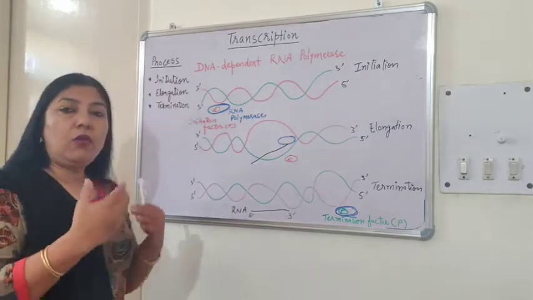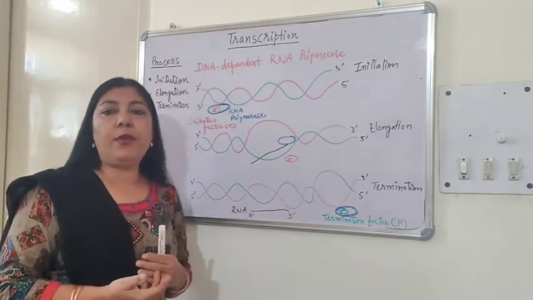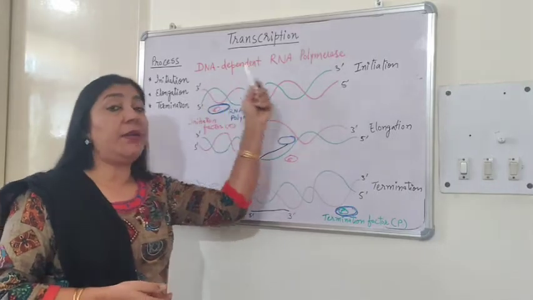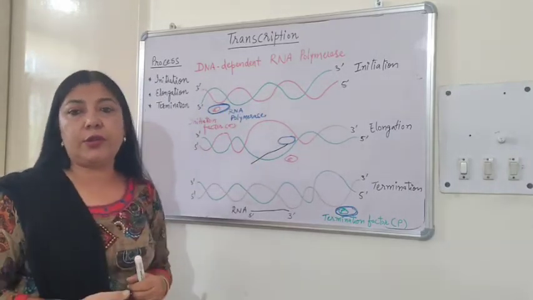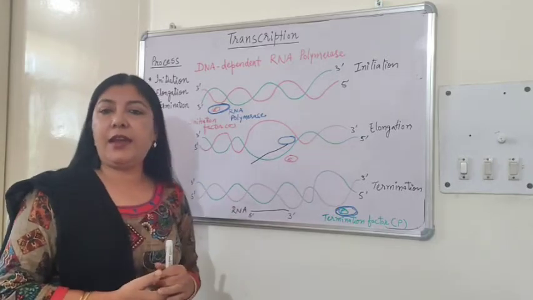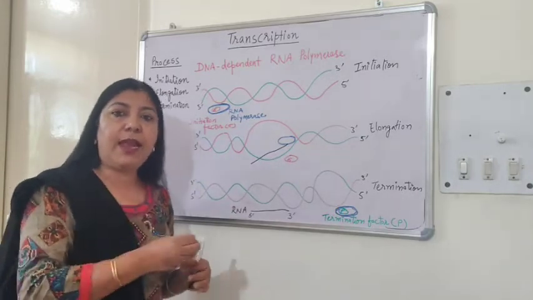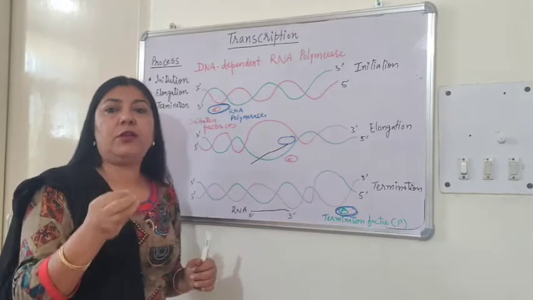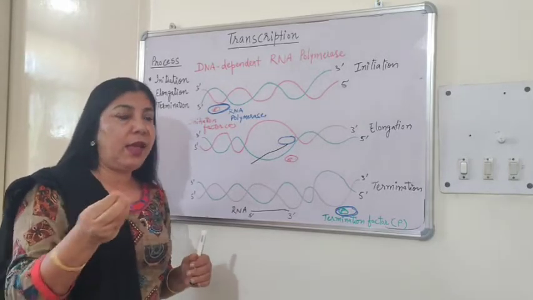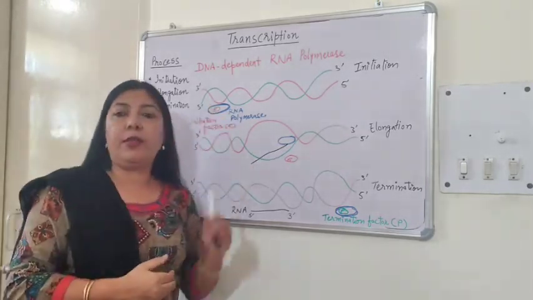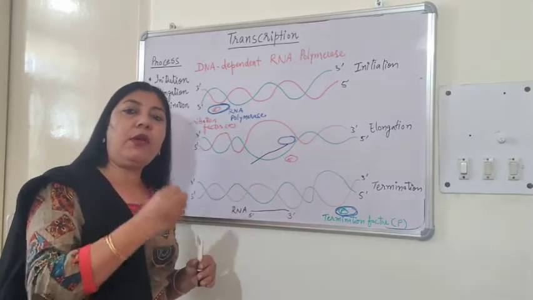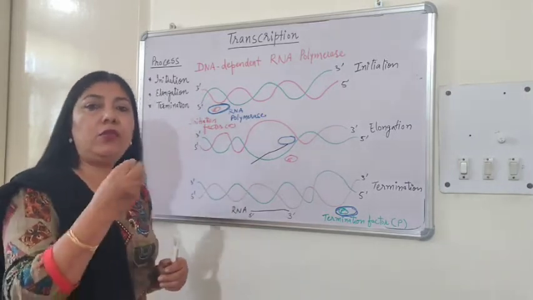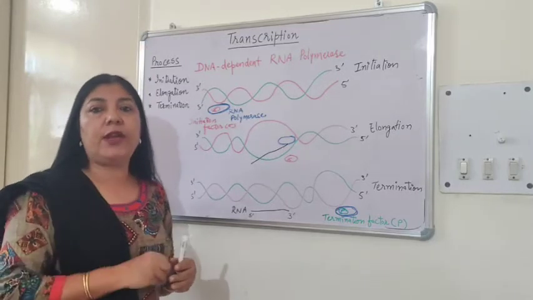Now, this DNA-dependent RNA polymerase will show the elongation process just like DNA replication. It will get the charged nucleotides, and depending upon the bases on the template strand, it will keep on adding new nucleotides.